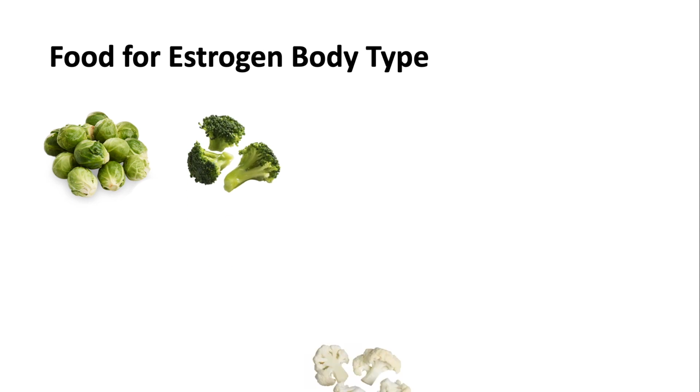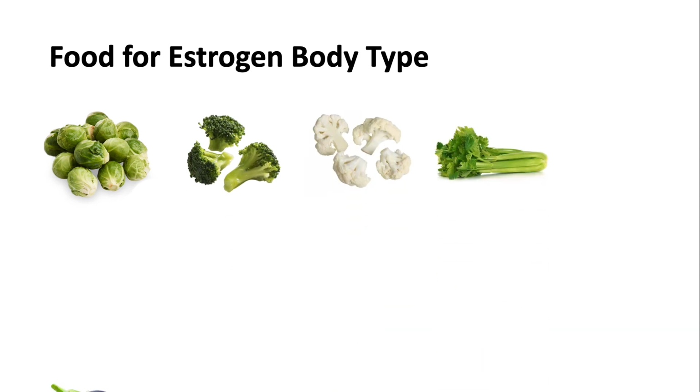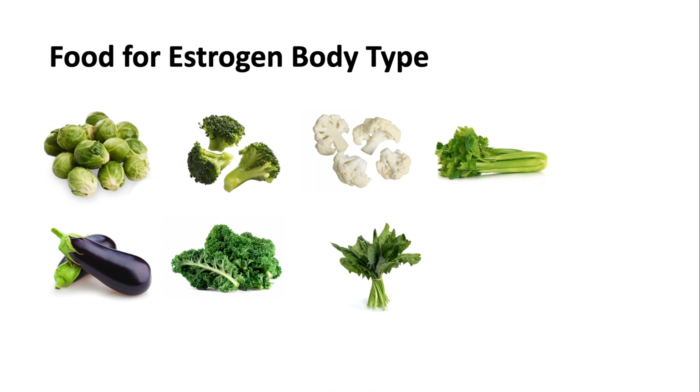So add lots of cruciferous vegetables such as Brussels sprouts, broccoli, cauliflower, celery, eggplants, kale, and spinach. Check out our juicing and salad making sessions in our other videos.